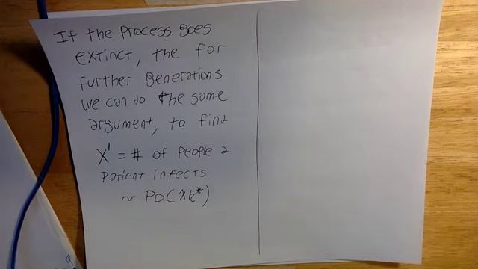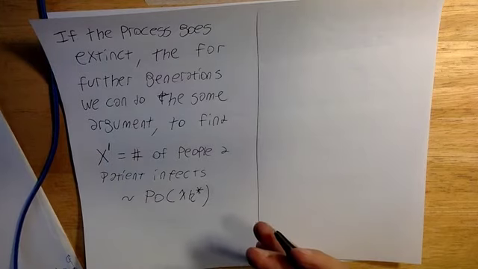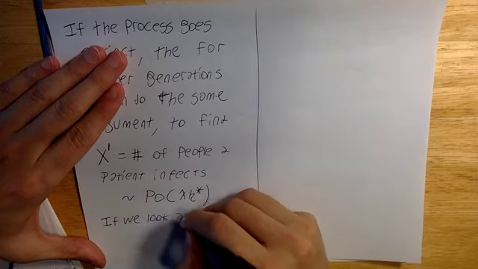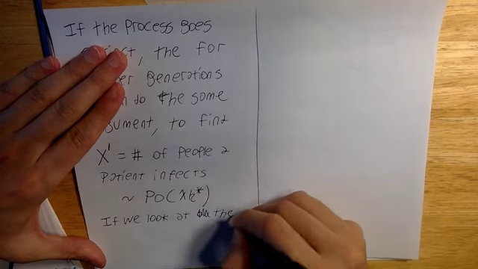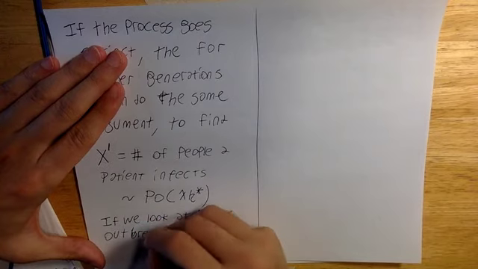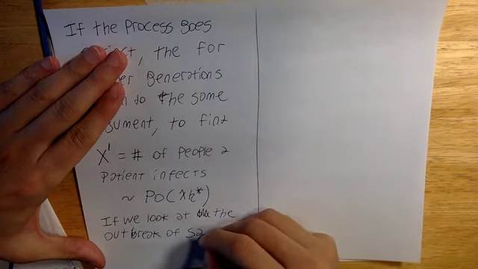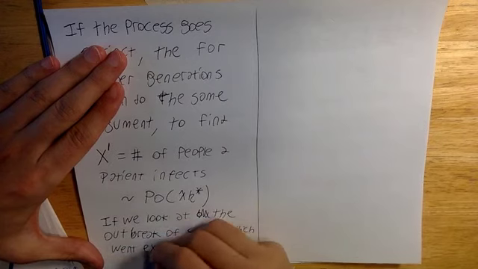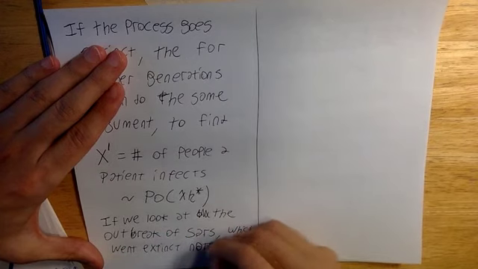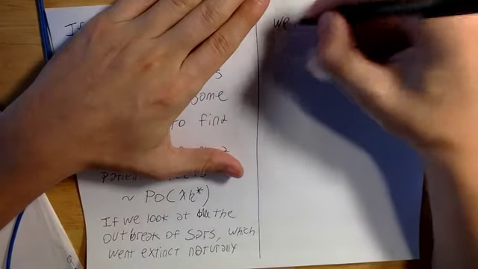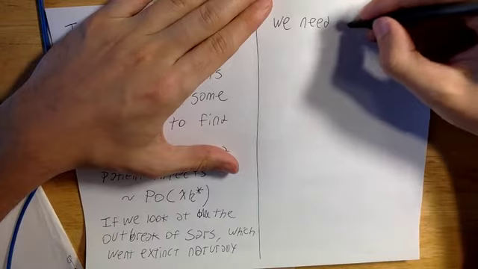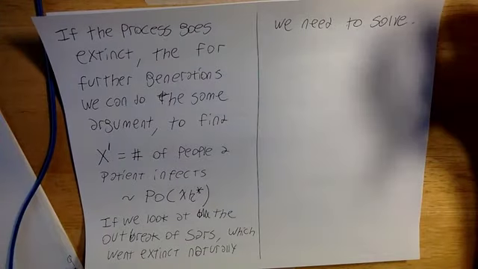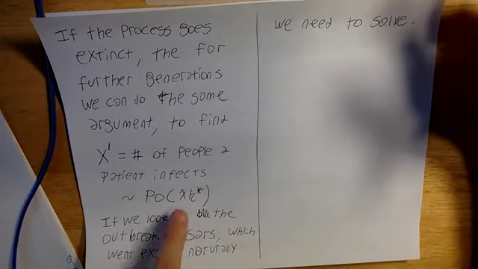So let's say that we look back in hindsight. If we look, instead of the coronavirus, at SARS, the outbreak of SARS, which went extinct naturally, we need to solve this nonlinear system to understand what eta star is.